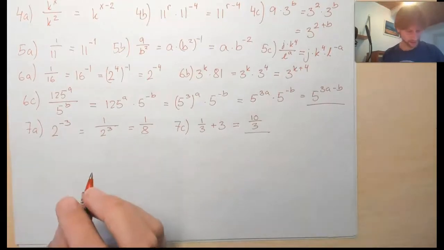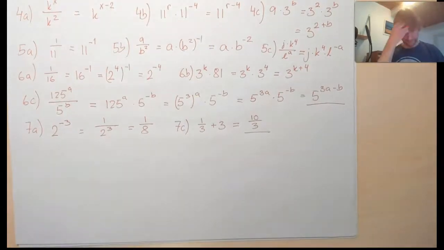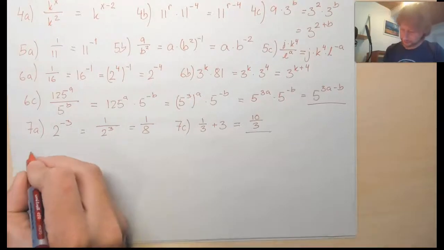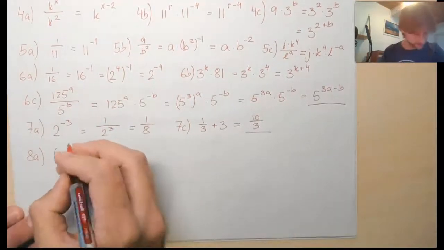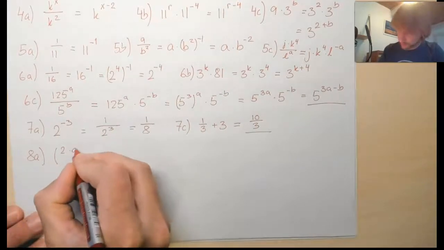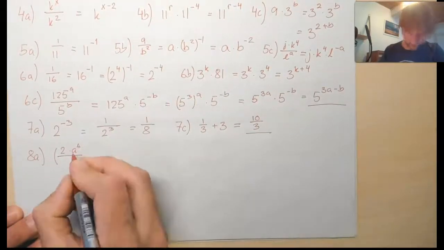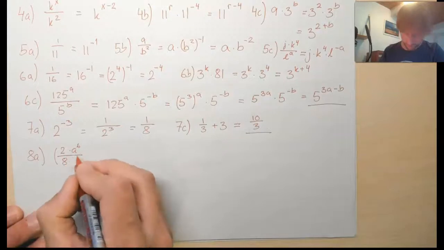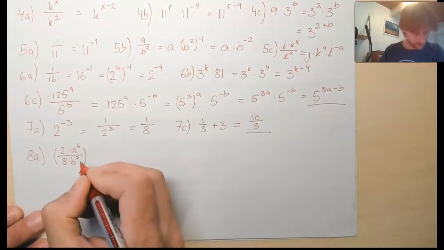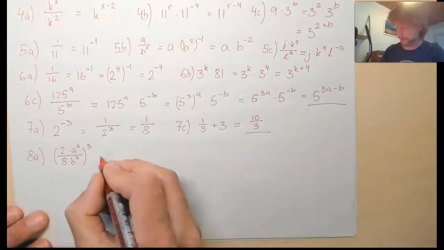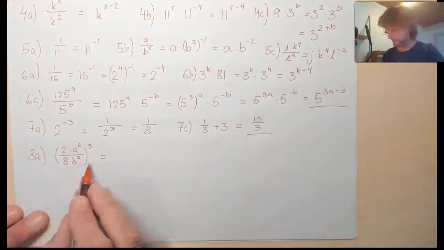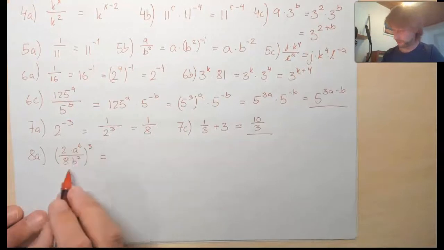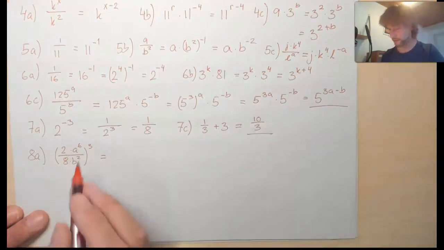In question 8, we want to express in simplest form without any brackets. For instance, we have this nightmare, 2 times a to the power of 6 over 8 times b squared, and all of this to the power of 3. So, getting rid of the bracket, we can raise both the numerator and the denominator to the power of 3.